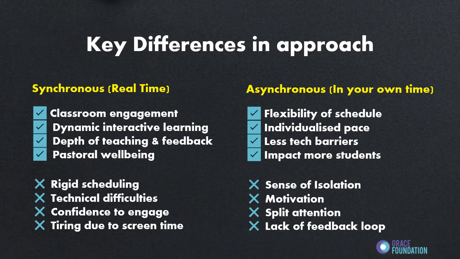What's not so good about it is it requires rigid scheduling. There are huge technical difficulties, and of course you can add to that tech poverty, in terms of disparity of people who have access to equipment. The idea of some young people being stuck sharing a smartphone between a whole family of students really doesn't lend itself nicely to this idea of real-time synchronous education. There's also a confidence to engage issue.